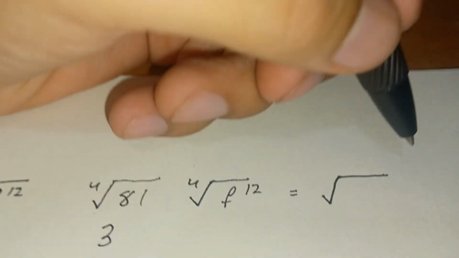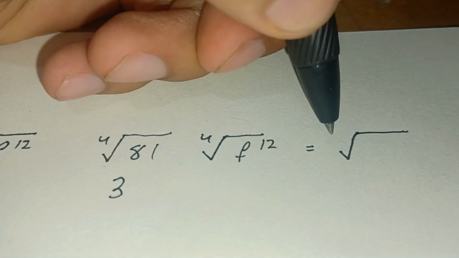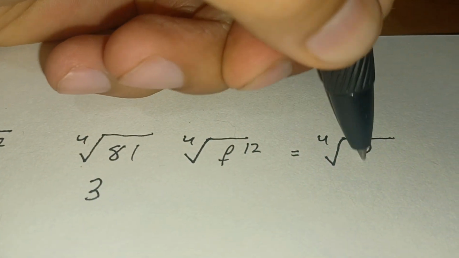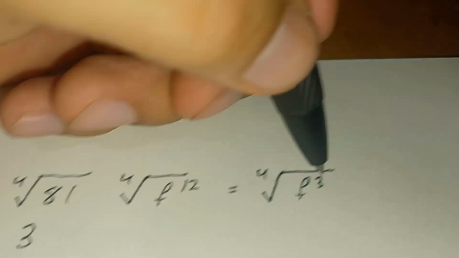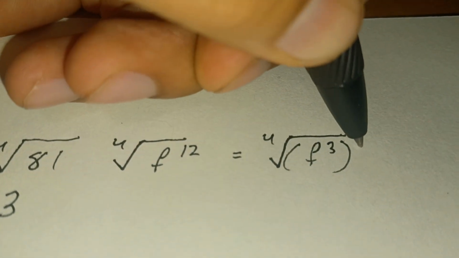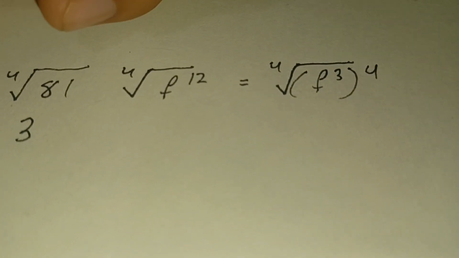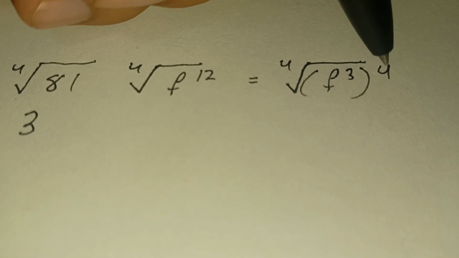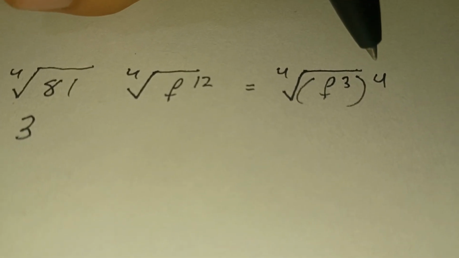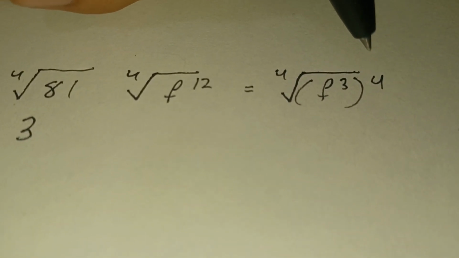The fourth root of f to the 12th, we can rewrite it as the fourth root of f to the third multiplied by 4, because this exponent times this exponent is going to be 12.